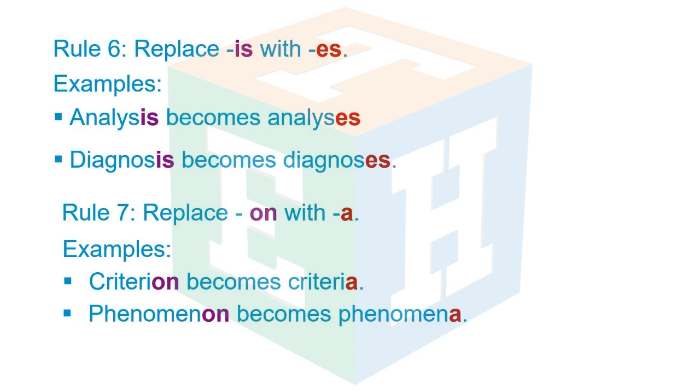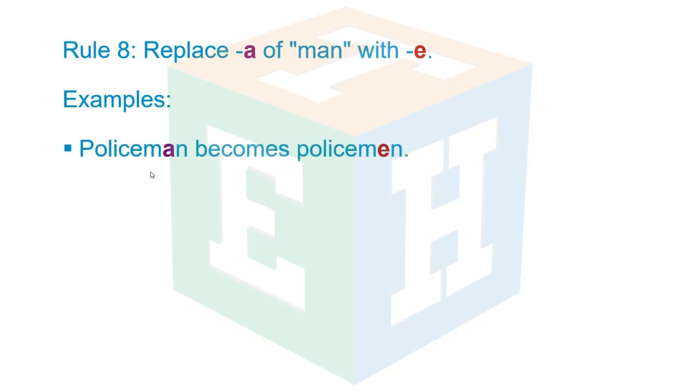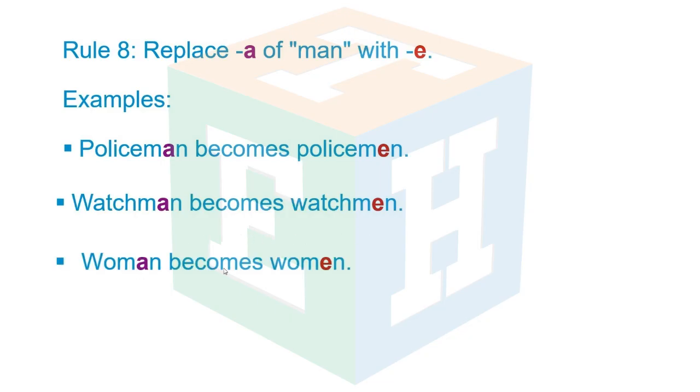Phenomenon becomes phenomena. Rule 9. Replace the a of man with e. Examples: policeman becomes policemen. Watchman becomes watchmen. Woman becomes women.